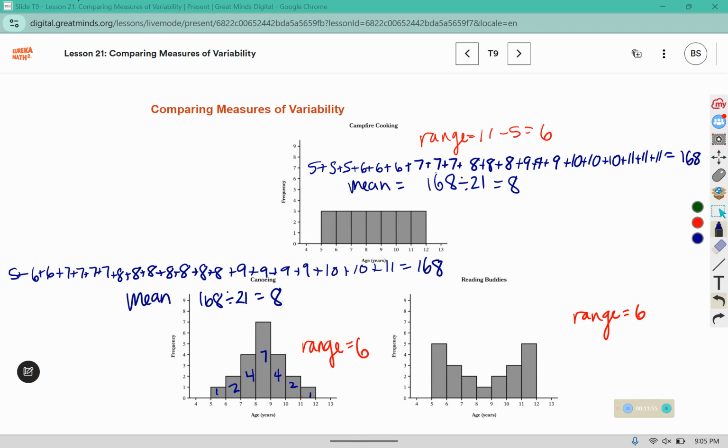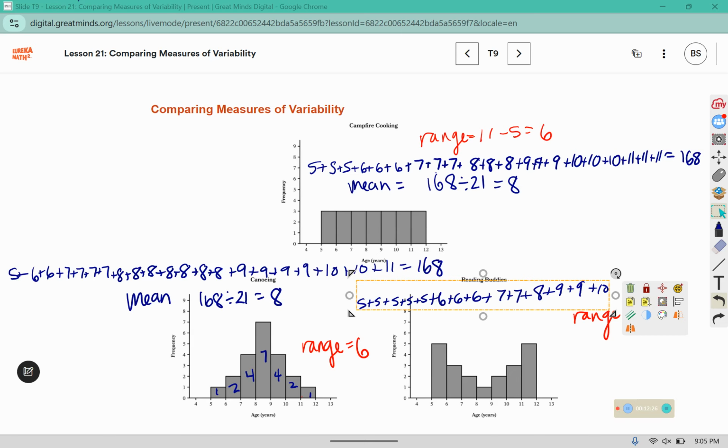For this last one, there are 5 5s, there are 3 6s, 2 7s, 1 8, 2 9s, 3 10s, and 5 11s.